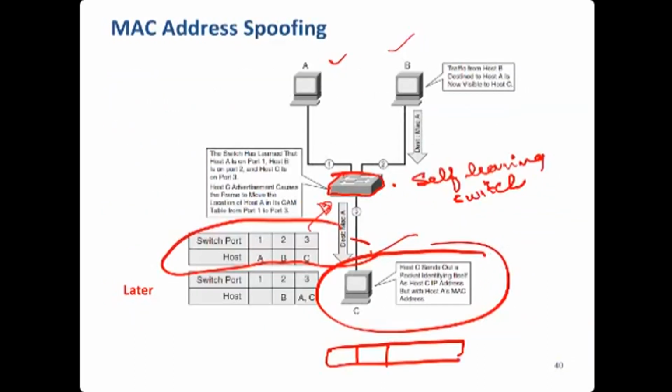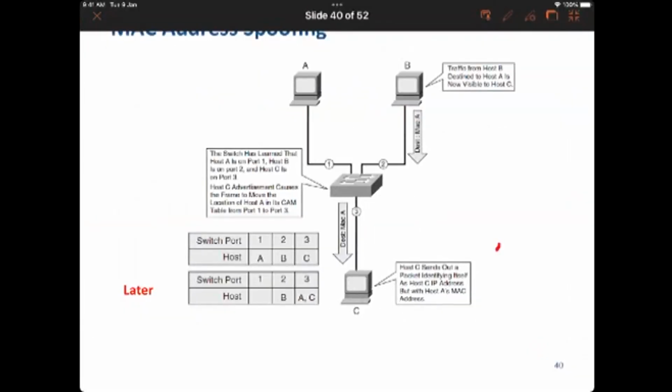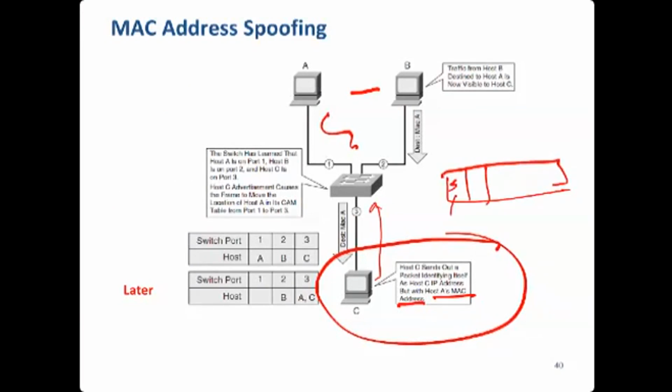Okay, so what happens is that C is interested in knowing what's happening between A and B. I'm just trying to visualize it this way, right? So C wants to get messages that are being sent from A, maybe to B or whatever. So what it can do is use the MAC address of A. It will send a message to the switch, an Ethernet message, with the source address being the Ethernet address of A.